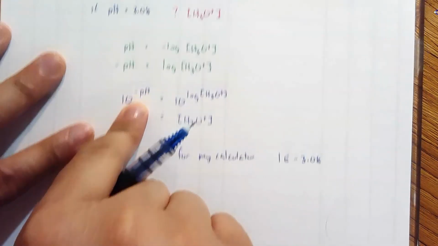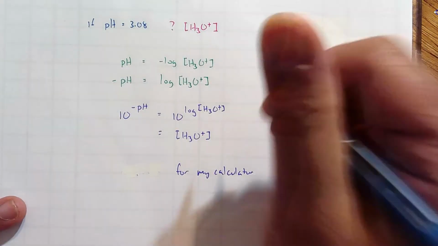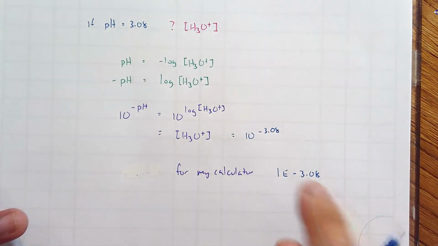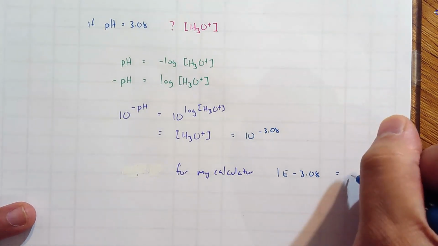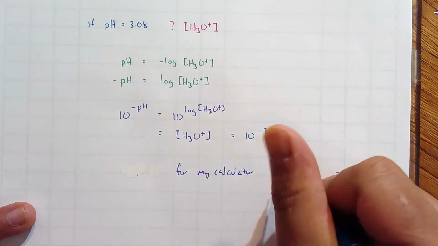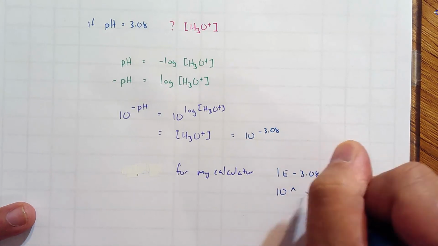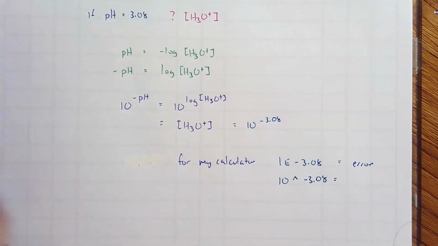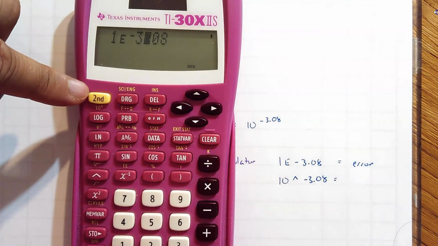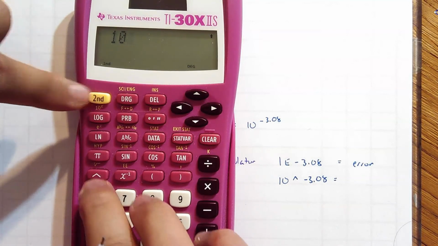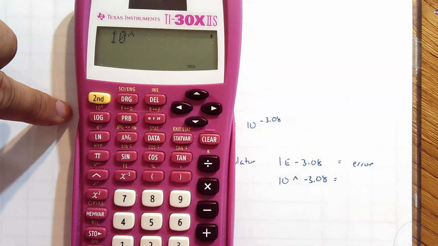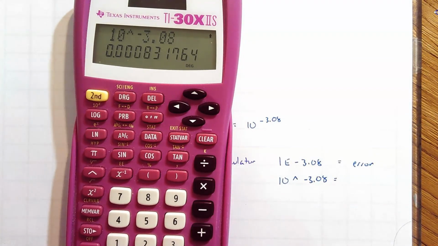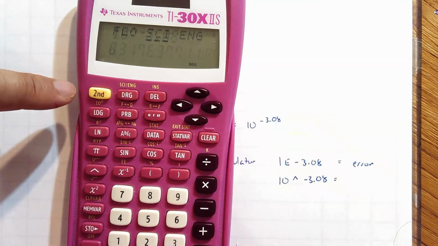That's the pH that we're using up here. So this equals 10 to the negative 3.08. But for my calculator, if I do that, that equals error. I have to do 10 caret negative 3.08.